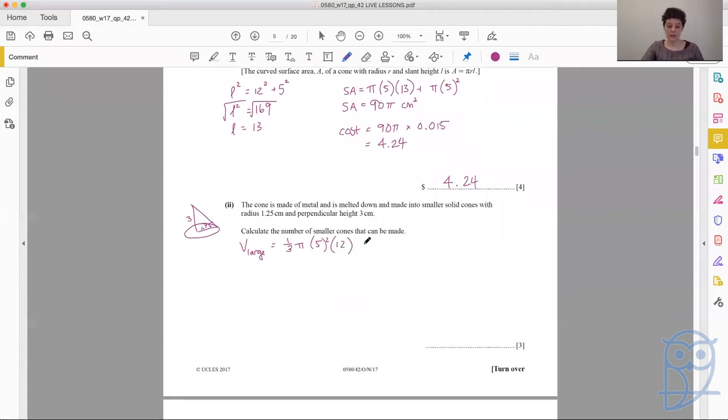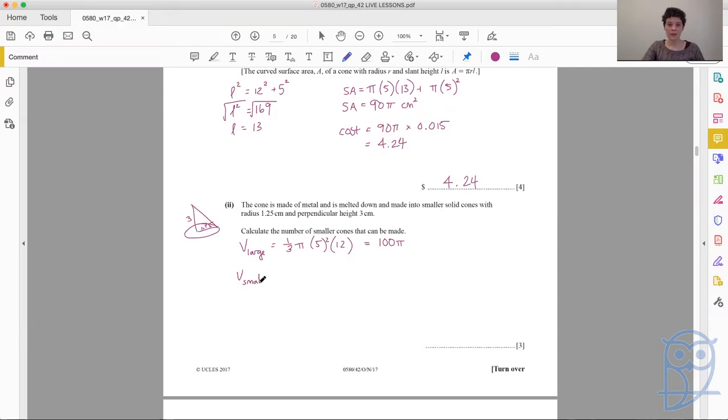Plugging all of this in, we get a beautiful answer of 100. The volume, 100 pi, I beg your pardon. Yes, you mustn't forget that pi. Remember, we're working with that exact and precise answer.